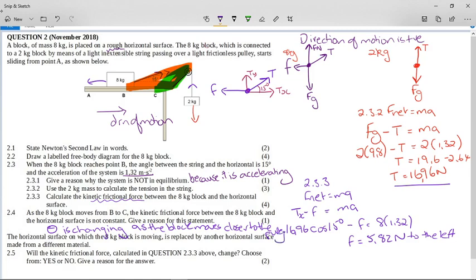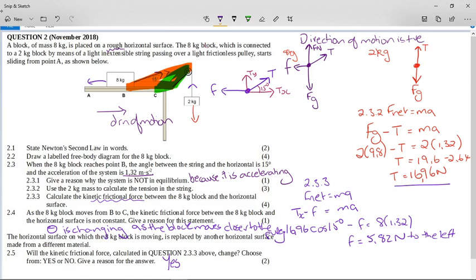Now it says the horizontal surface on which the 8 kilogram block is moving is replaced by another horizontal surface made from a different material. Will the kinetic frictional force above change? Choose from yes or no. Well, this is fairly obvious. The answer is yes. Think about it. If you are sliding on a smooth concrete floor and you suddenly go onto a rough concrete floor, can you feel a change in the force?